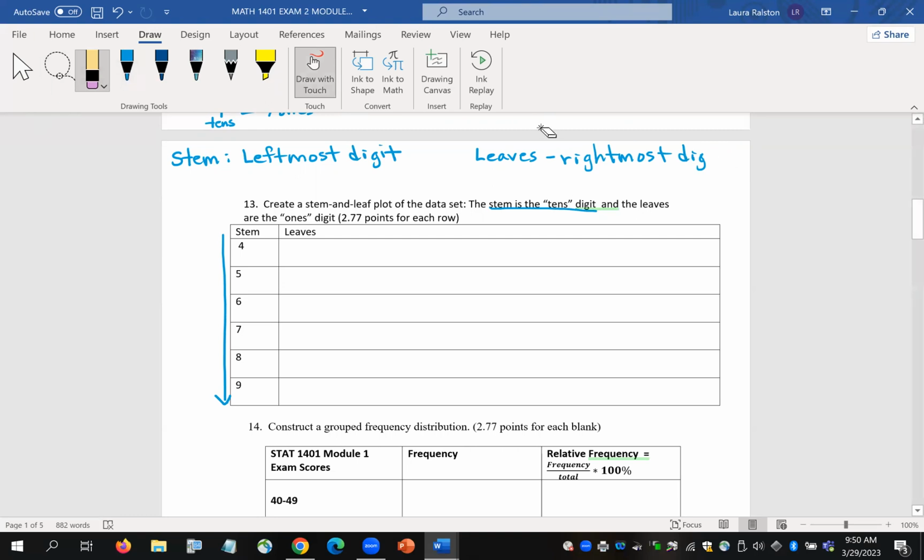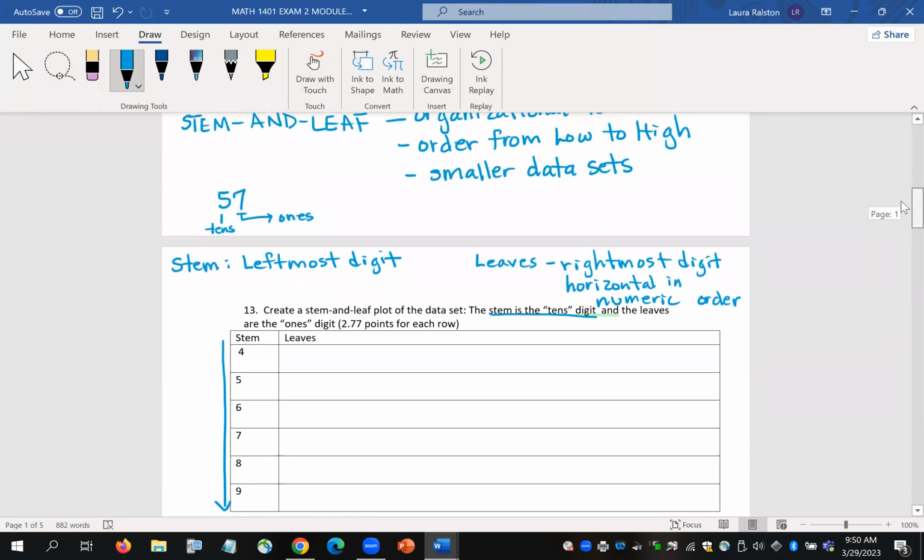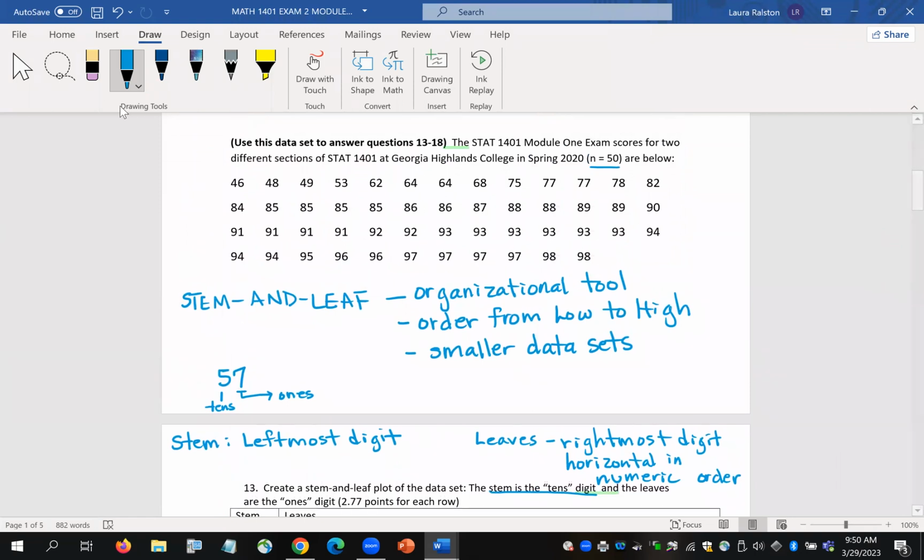The leaves are listed horizontally in numeric order. Now, the data that I have here is provided in order. It's already ordered from low to high if you inspect it.